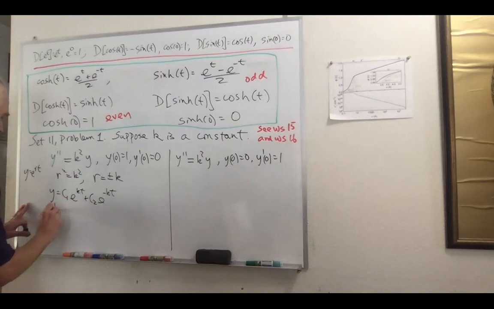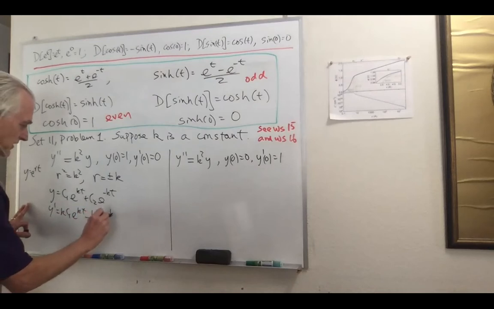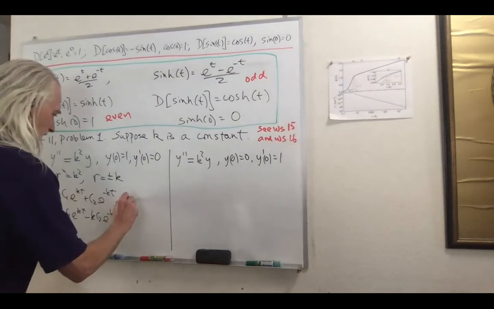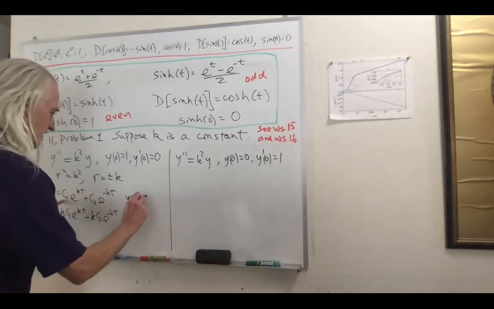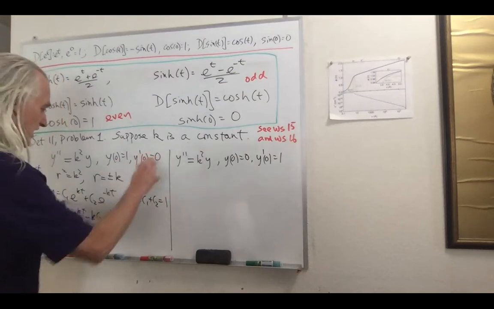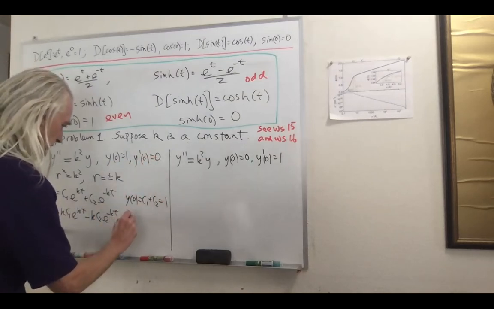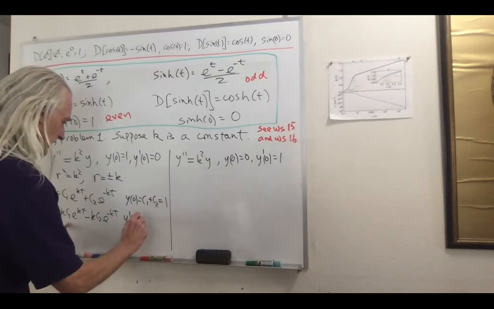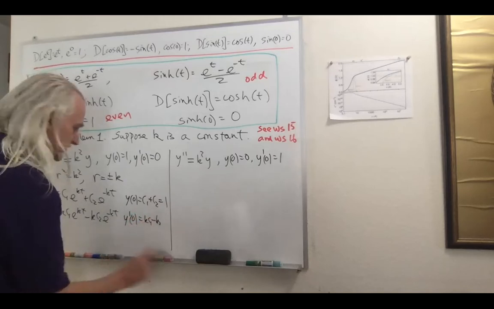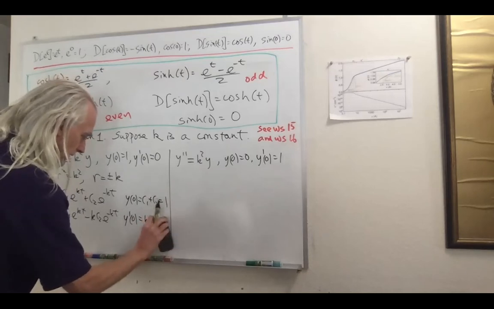And y prime is k c1 e to the kt minus k c2 e to the minus kt. That means that y of 0, which is c1 plus c2, is going to be 1 in this case, and y prime of 0, which is k c1 minus k c2, is 0.